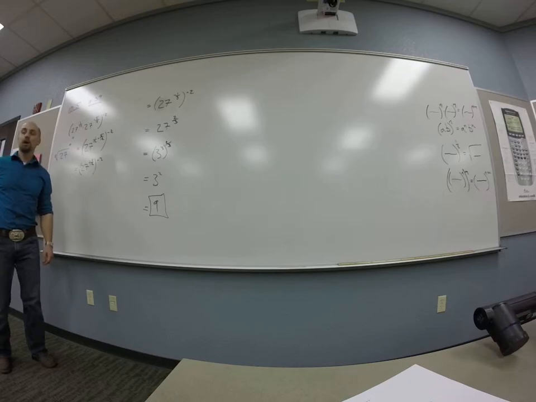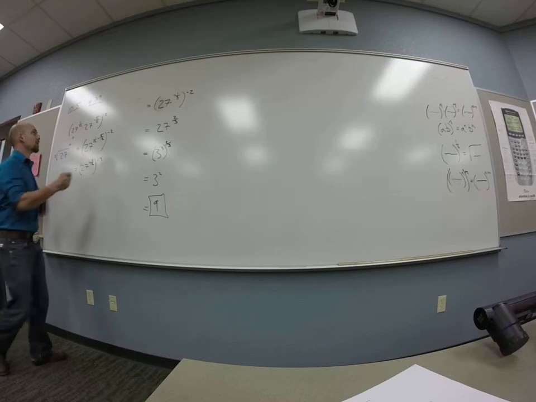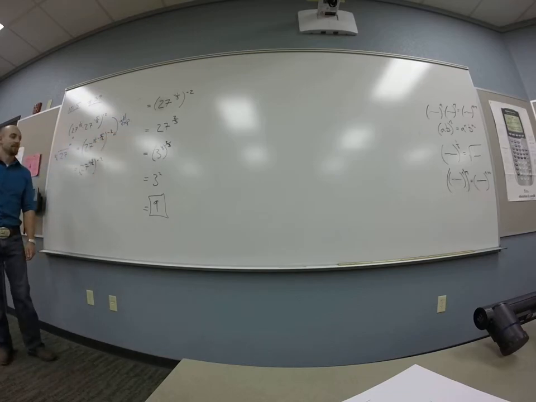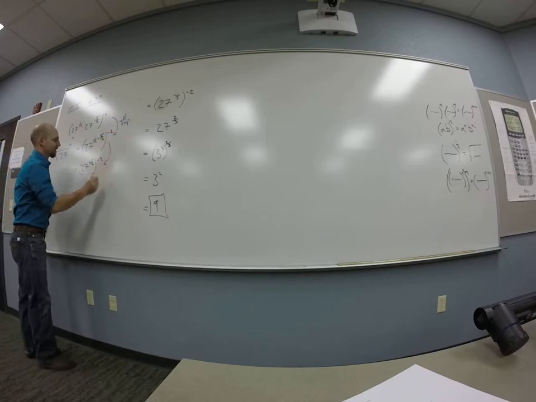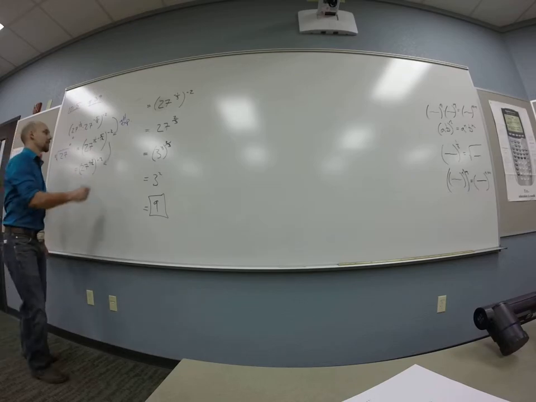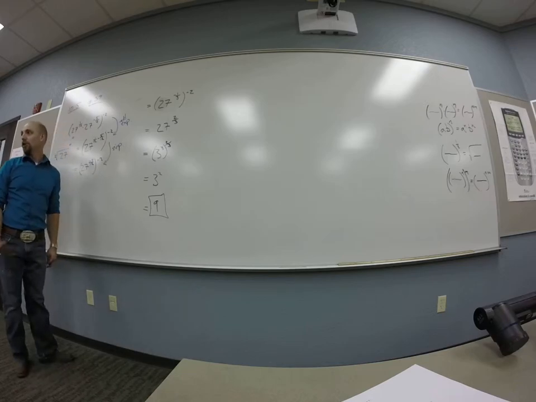Does that make sense? So if I was to go back in here and fill in the rules I was using, this was add exponents. In this step, I added the exponents. Did I do anything here to get from here to there? Yeah, that was really just to simplify. That was really just adding.